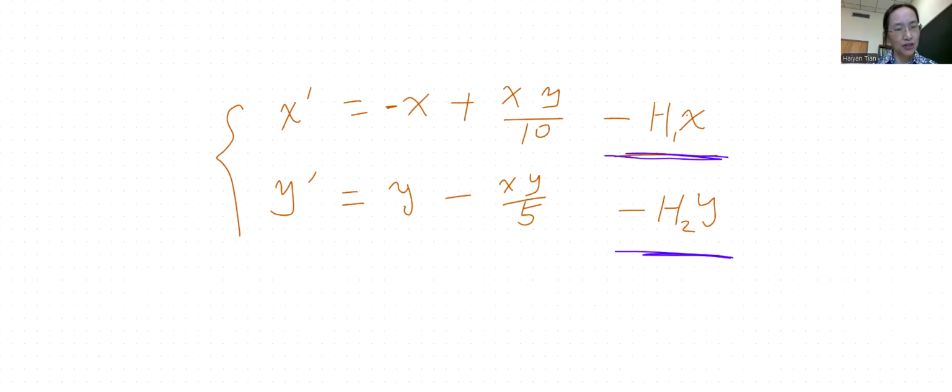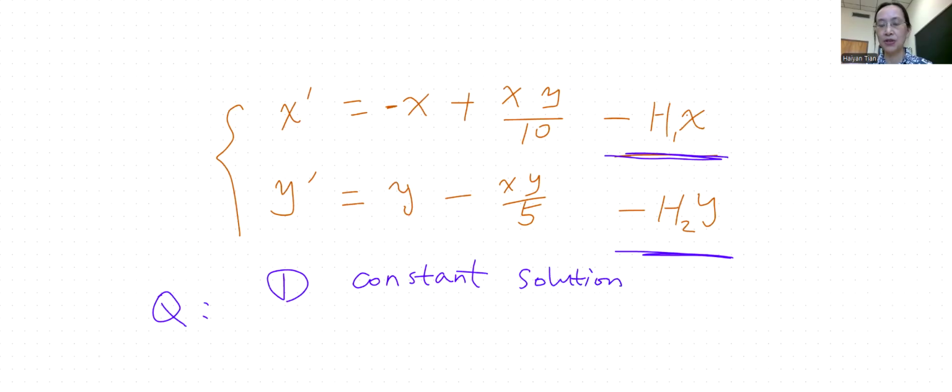So the question for you is, question 1: can you find constant solutions or equilibrium solutions of this system with harvesting, if there are any?